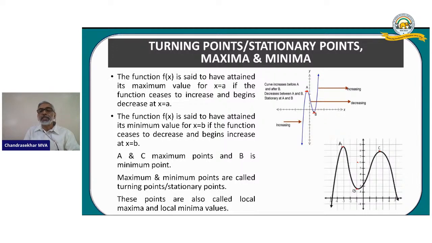At point A, the status of the curve is changing from an increasing state to a decreasing state. At point B, the status of the curve is changing from a decreasing state to an increasing state. So when the status of the curve is changing from one state to another state, that point is called a turning point or stationary point. Those points may be maximum points or minimum points, or we may call these points local maxima and local minima also.